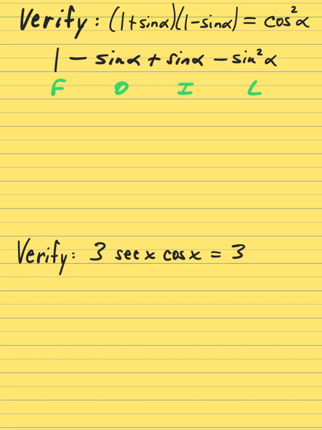The O and the I cancel each other because they have opposite signs. So these I'm just going to lightly knock out, leaving us with 1 minus sine squared alpha. Well, from your Pythagorean identities, those two are actually equal to cosine squared.